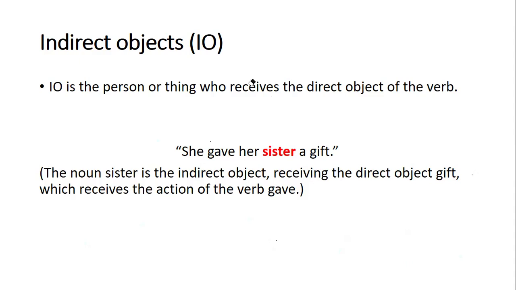So we saw an indirect object is, just like our direct object, a person or a thing. An indirect object is a person or a thing that is receiving the direct object. So here, let us find in another sentence what the subject is, what the verb is, what our direct object is, and what our indirect object is.